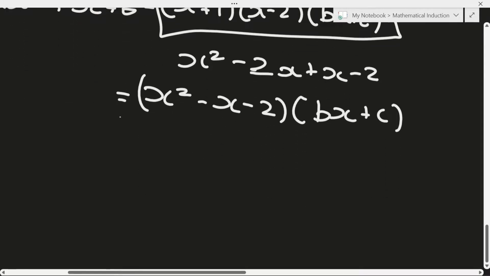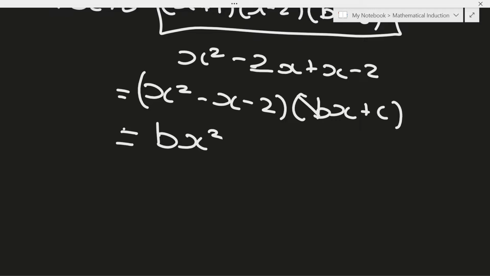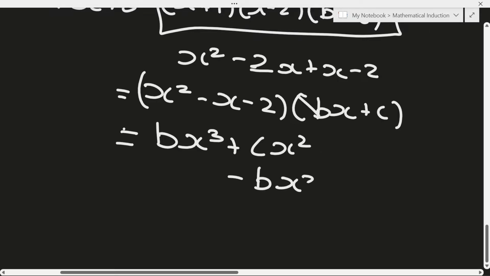So that way we'll have x squared times bx is equal to bx cubed, x squared times c is cx squared, minus x times bx is equal to minus bx squared, minus x times c is equal to minus cx.